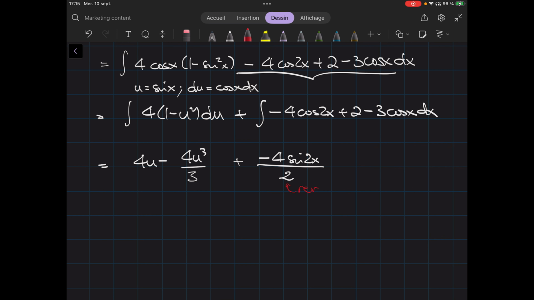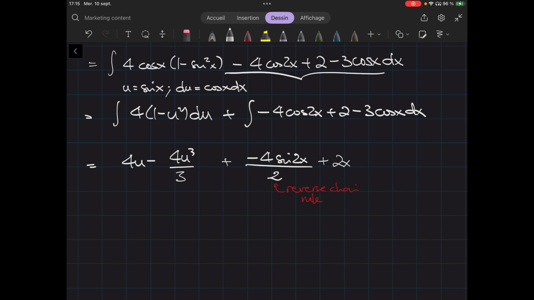Do not forget the reverse chain rule. You can use a substitution for this, but after doing enough practice, this will come naturally to you. Integral of 2 is 2x. Integral of cos of x is sine of x. Do not forget your plus c.